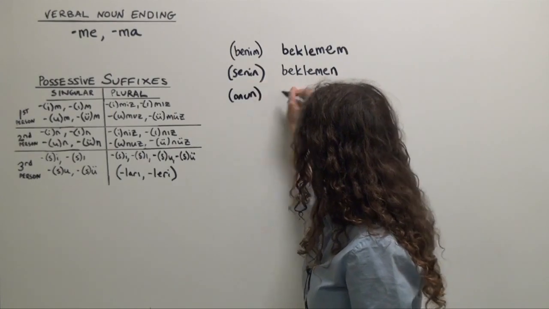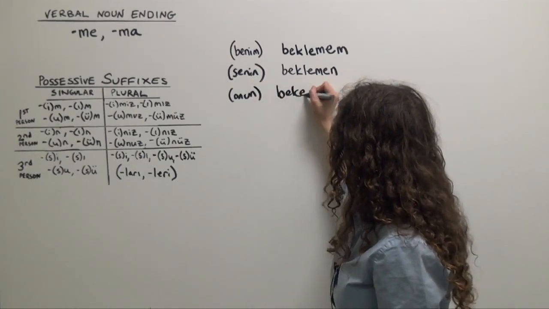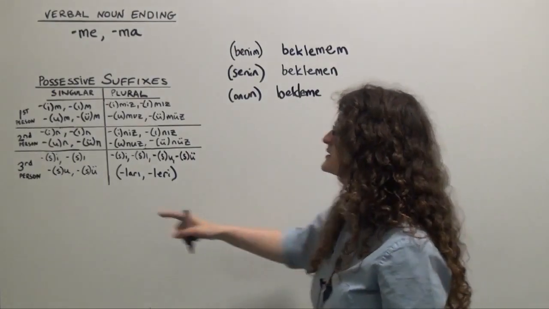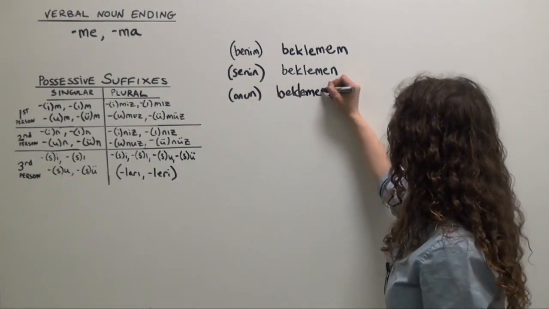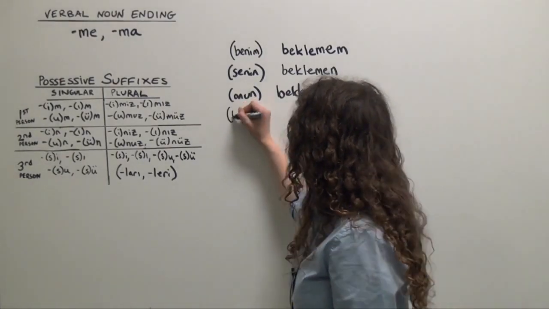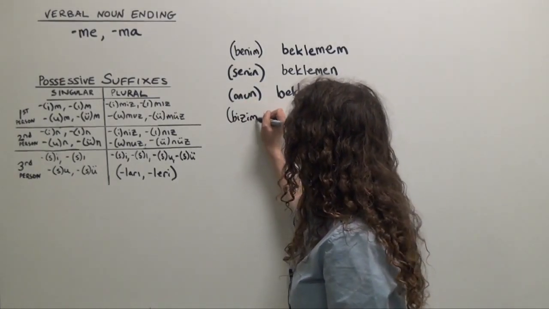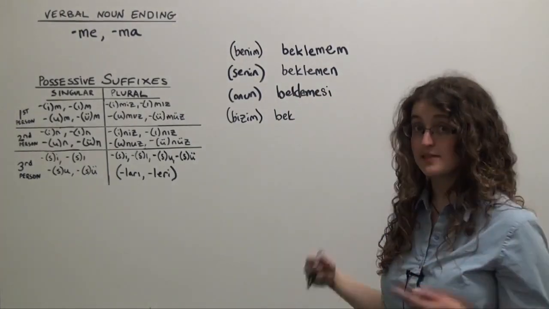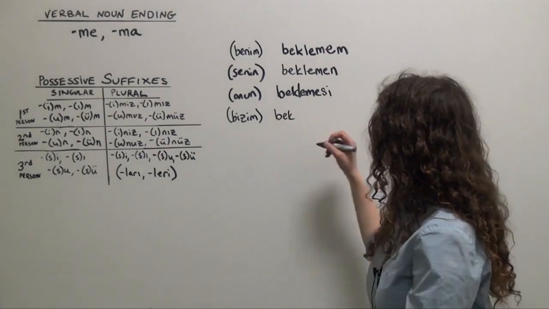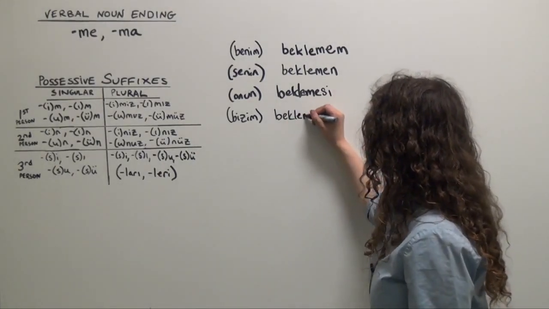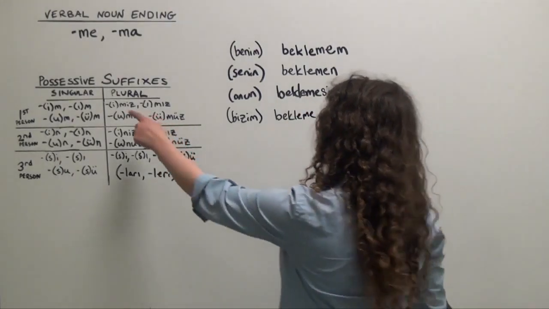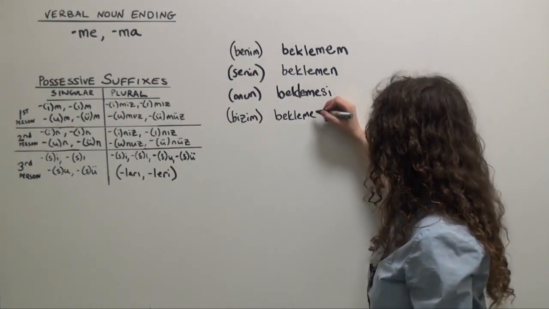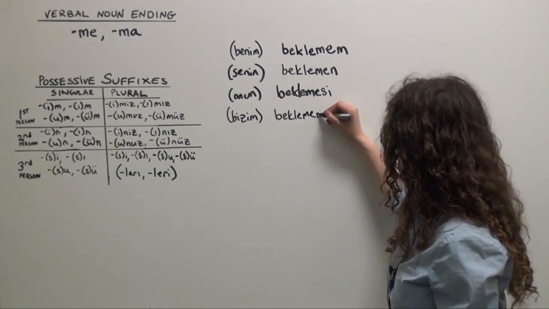Onun beklemesi would be his or her or its waiting. Bizim beklememiz. Noticing we're following the rules of four-way vowel harmony with our possessive suffixes as usual.